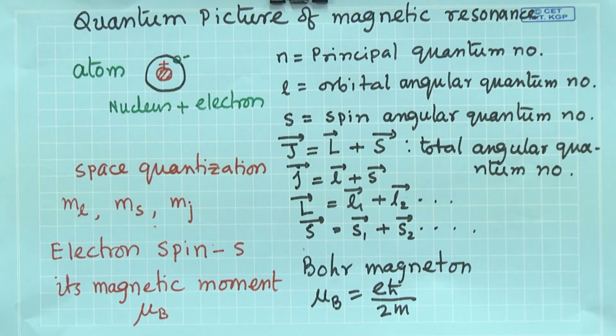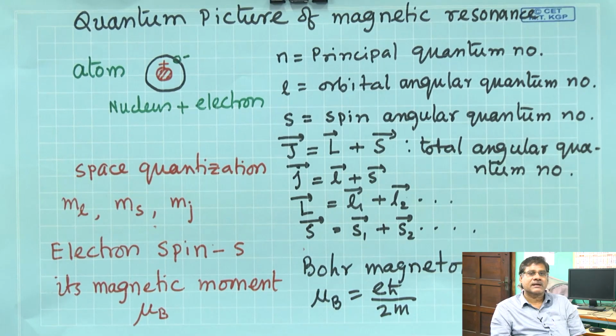So, these are universal constants. Okay. So, mu b, the Bohr magneton, is also a universal constant. That is why we use mu b like electronic charge e.